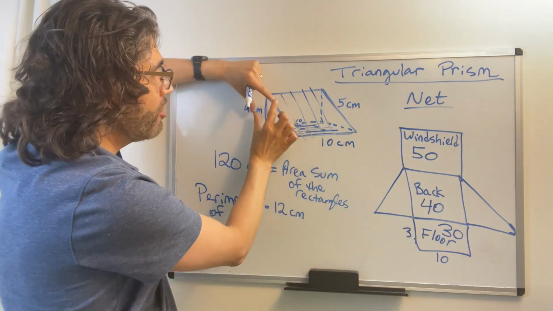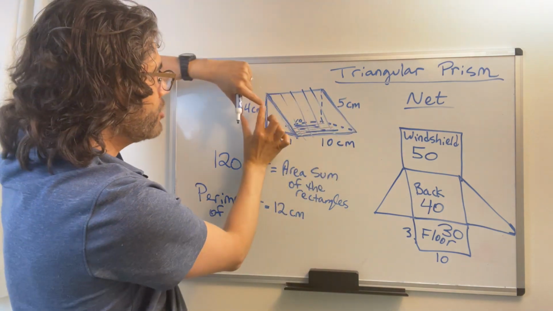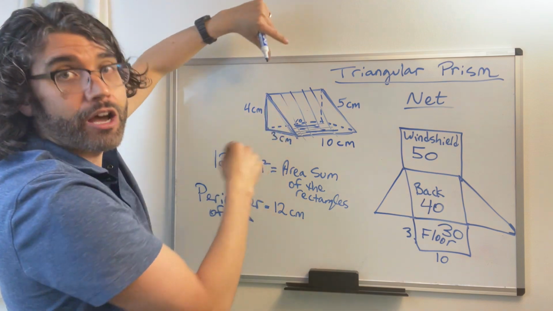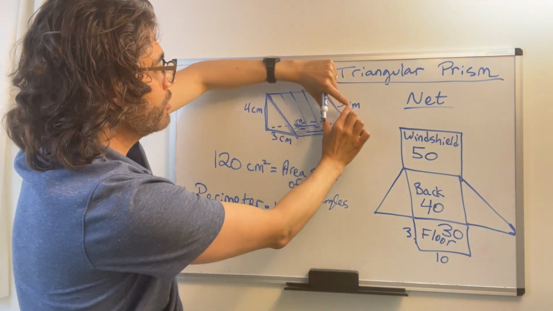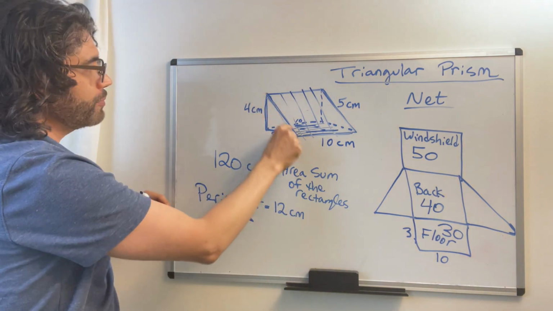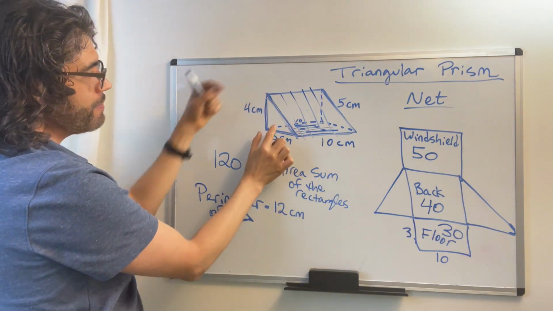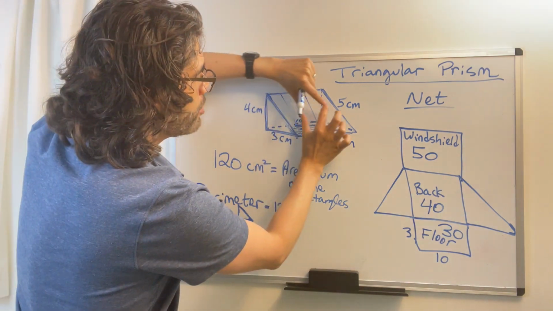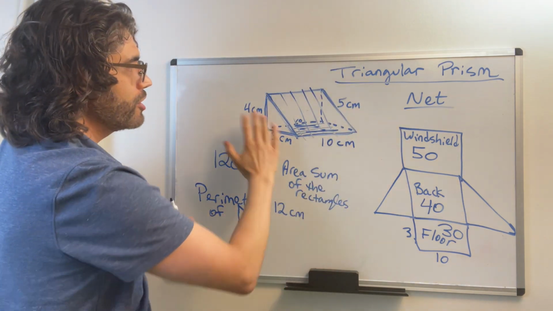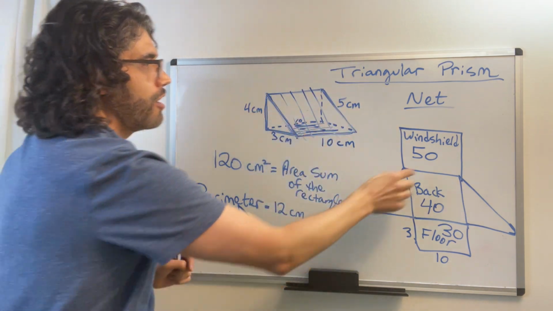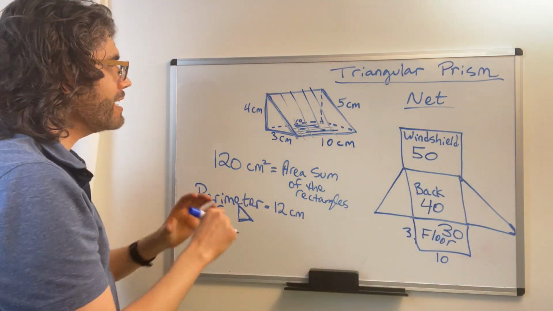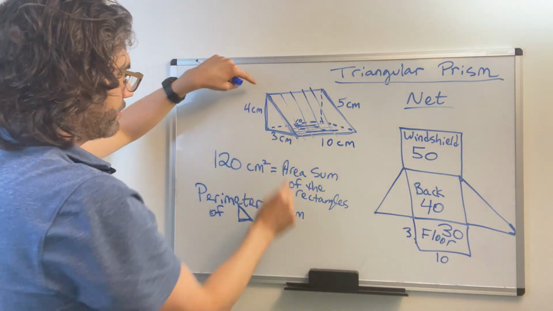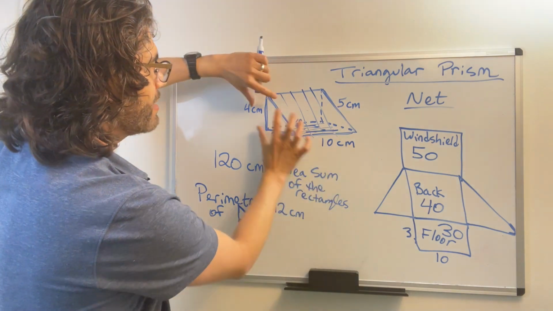You're scanning over all of them at the same time because you got the perimeter. Peri means around, perimeter means all the way around this triangular prism. So this triangular prism right here has a perimeter of 12. If you go all the way that way, 10 centimeters, you will have scanned all 3 of these areas all at once. So what is 12 times 10?